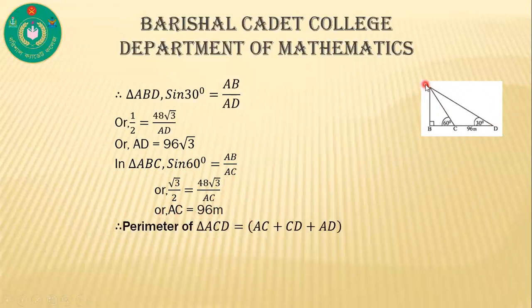Now the perimeter of triangle ACD is equal to AC plus CD plus AD. Now putting the value of AC, CD and AD, then we can write 96 plus 96 plus 96 root 3 is equal to 358.2777 meter.